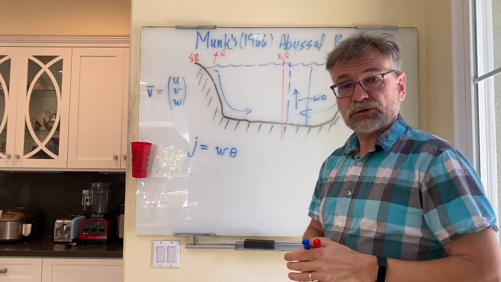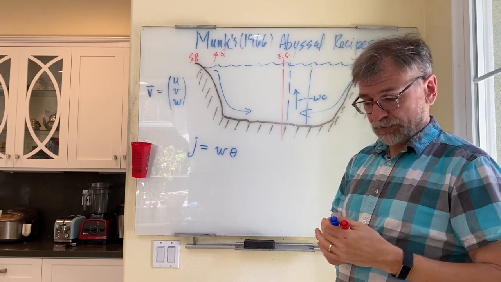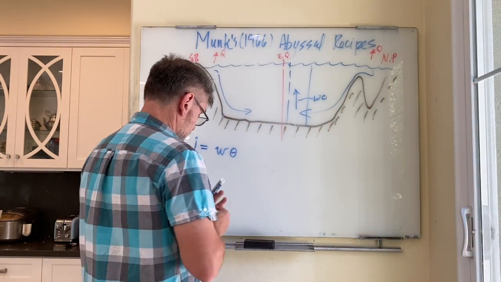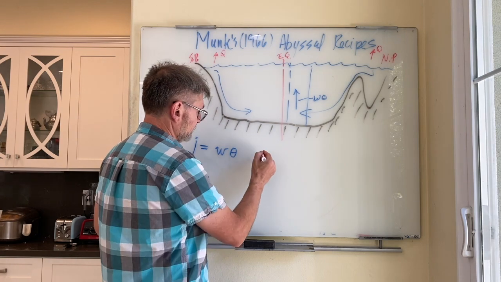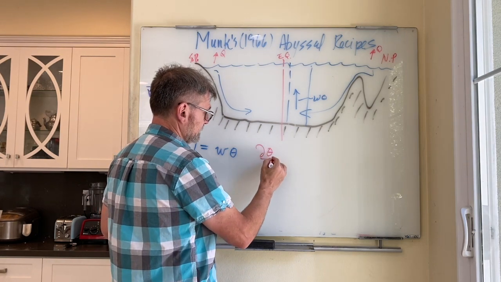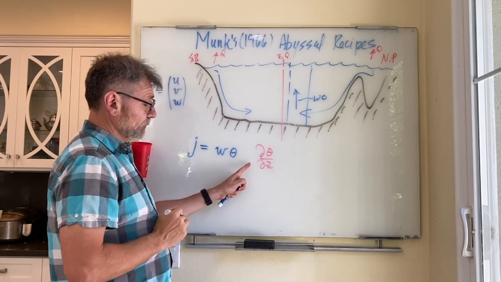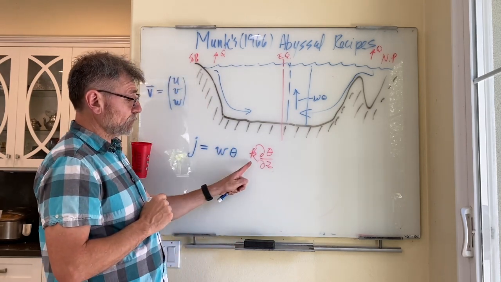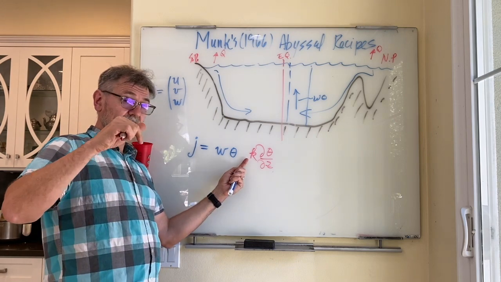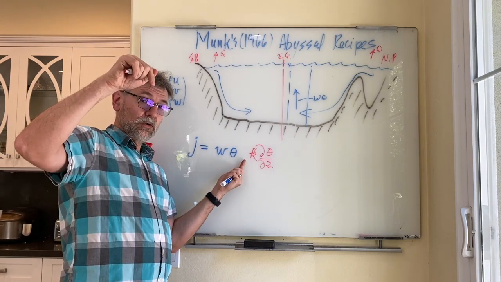And so it's going to be proportional to the gradient of the temperature. I'll use the red marker for the diffusive flux: d theta dz. And it's proportional to that, so there'll be some proportionality constant that I call k. And it's going to be down gradient. In other words, the heat flux will be from warm to cold.